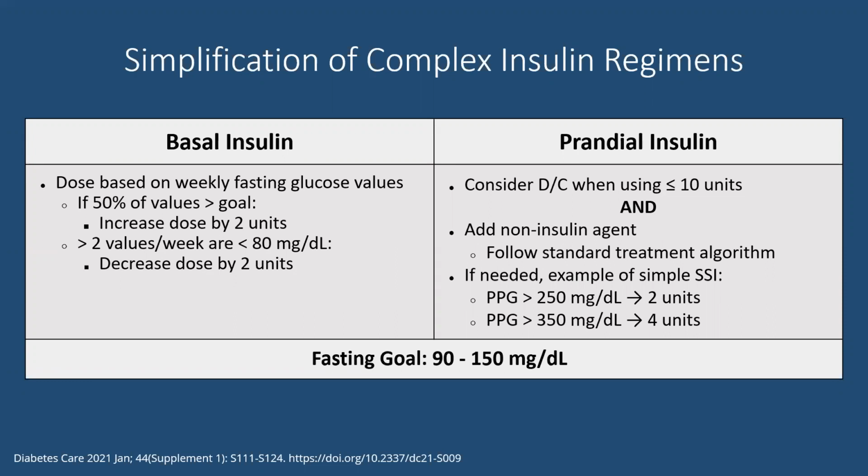When I worked in a free clinic, where we saw everybody who was diabetic, and these patients were in their 50s, we would change doses by 5 to 10 units at a time. I was freaking out because I hadn't done that in about 15 years, so it was quite an adjustment. And again, your fasting goal is going to be less aggressive. 90 to 150 is a completely reasonable fasting range for an older patient.